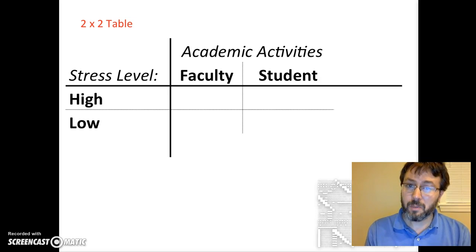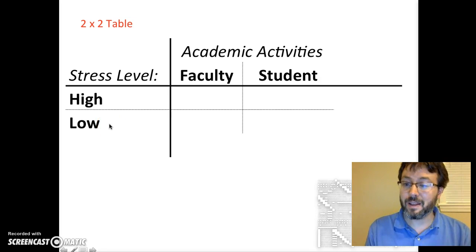So I've taken an example here of 2 different groups, faculty and students. So these are 2 different groups based on their academic activities. And we've also looked at stress level here on the left in 2 different groups of high stress level and low stress level.